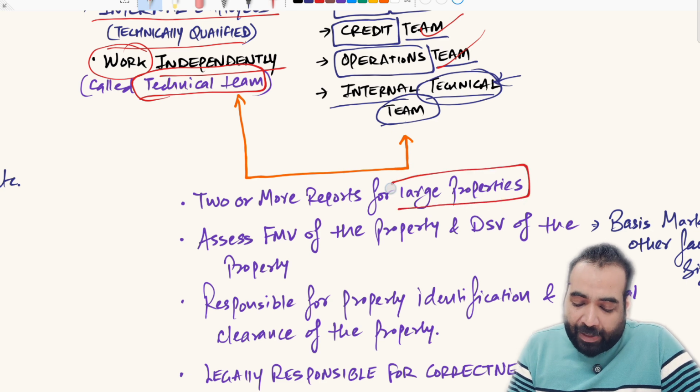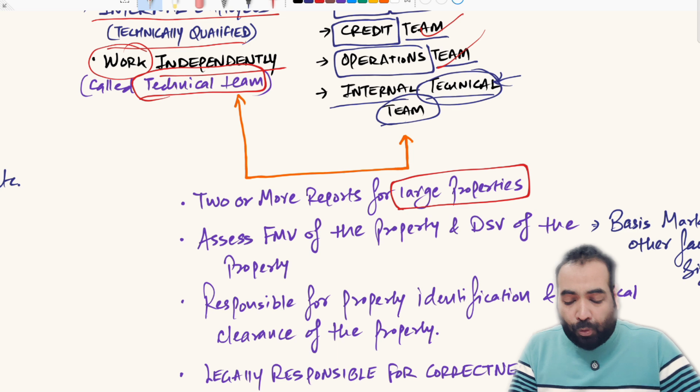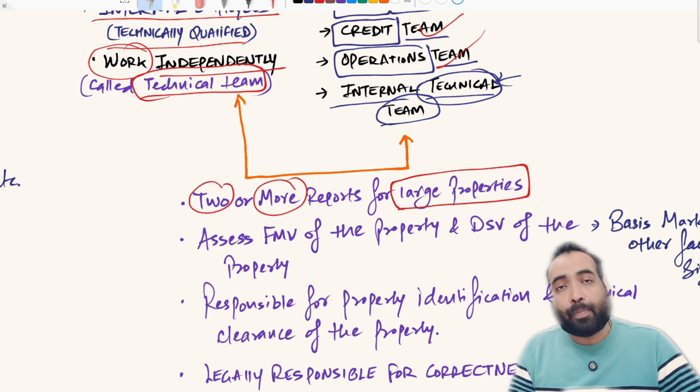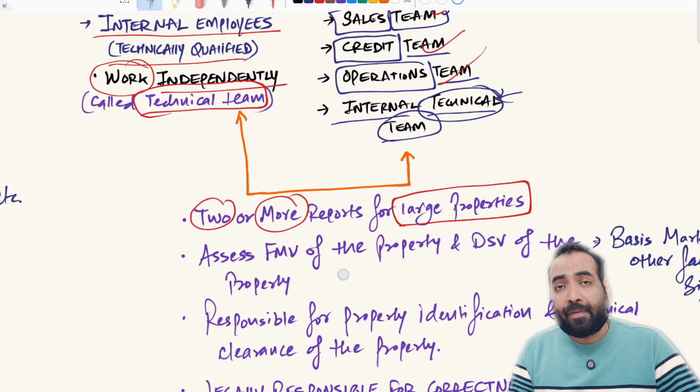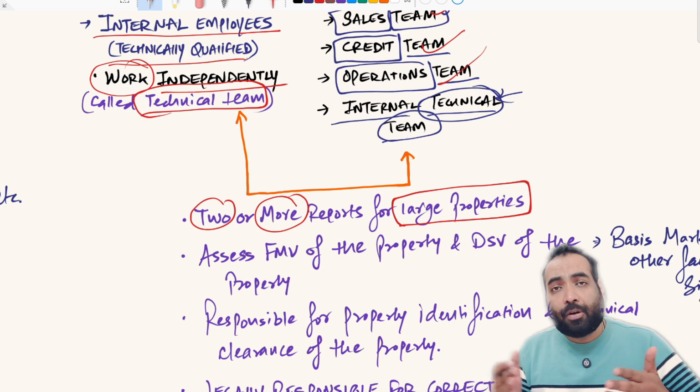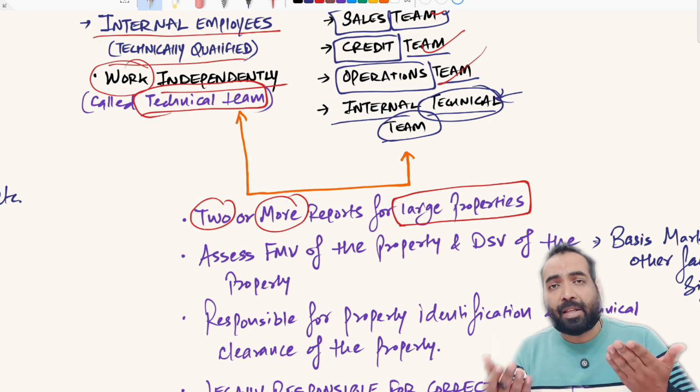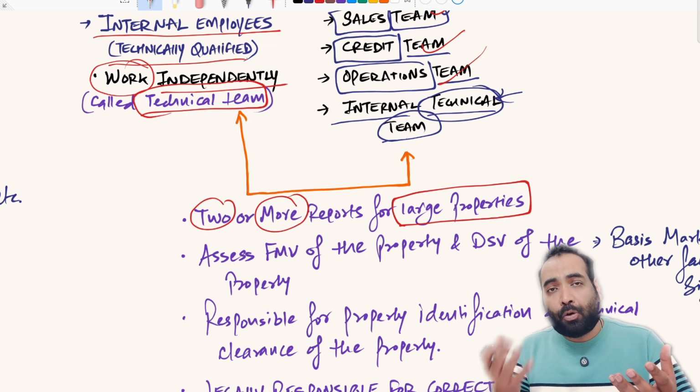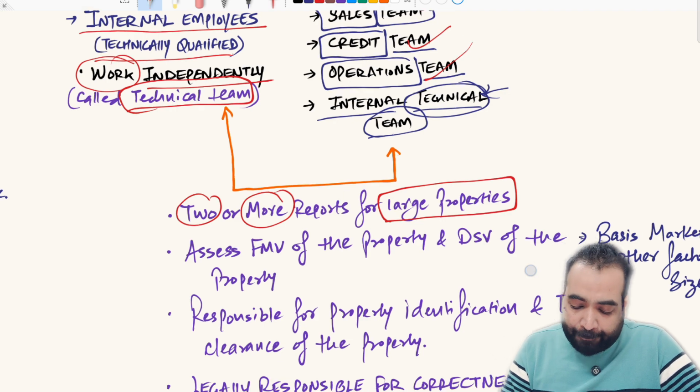So for larger properties in terms of value or size, they may ask for two or more valuation reports for the same property. They will send two different agencies to measure the property and give the valuation, and then they compare the values given by these two agencies and choose the lowest value as their final market value, right?